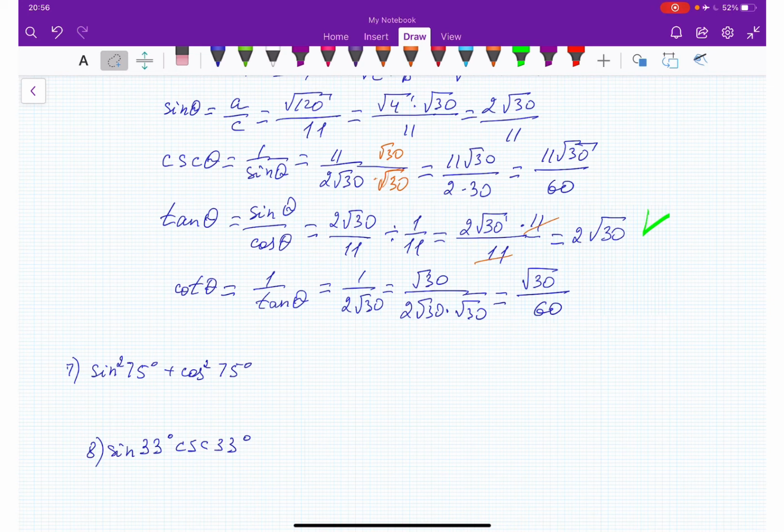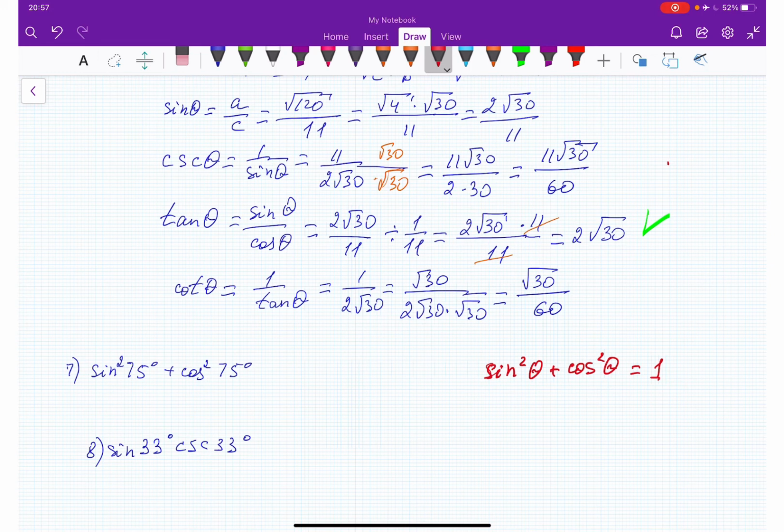How are we going to do that? Very easy. There is a famous formula for trig functions that says sine squared theta plus cosine squared theta. It is proven that sine squared plus cosine squared is equal to 1.